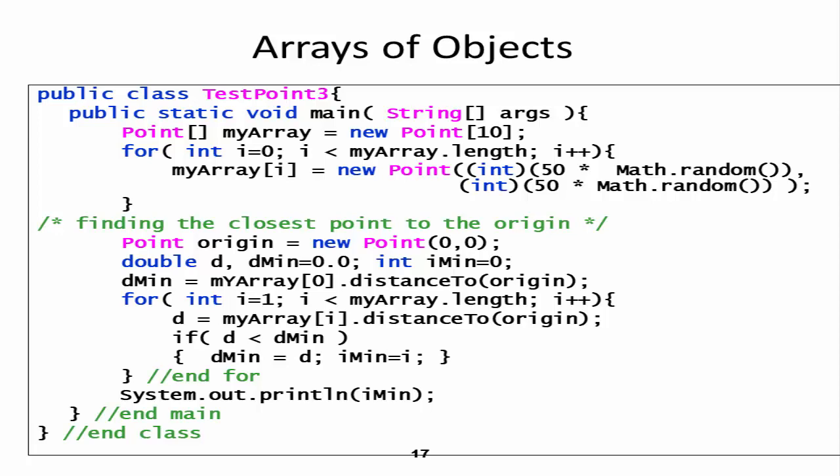So what I'm doing here is defining a point that I call origin, which is 0 and 0. This is my Point class, pointing to 0 and 0. And then I want to calculate the minimum distance. So first of all, I'm going to use my distance2 function, but now I'm going to calculate the distance between my current point and the origin, right? This returns a distance, which is a double, and I take this as the minimum one.